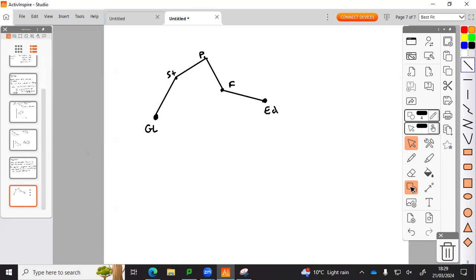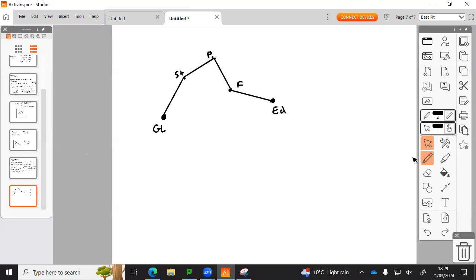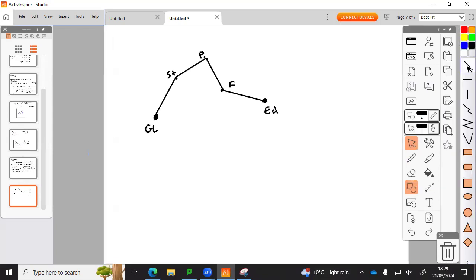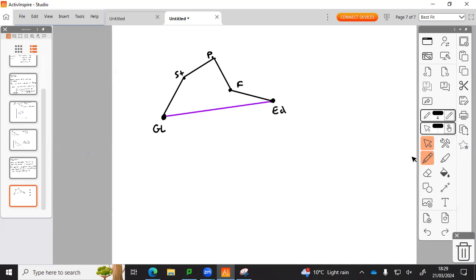But what the resultant is, what I'm looking to understand, is the shortest distance. The shortest distance from Glasgow to Edinburgh would be that, in that direction.